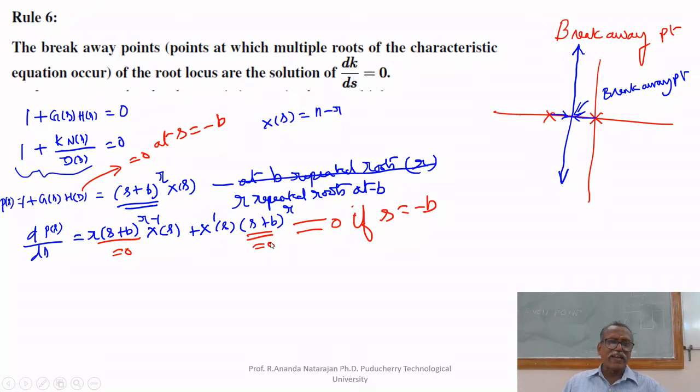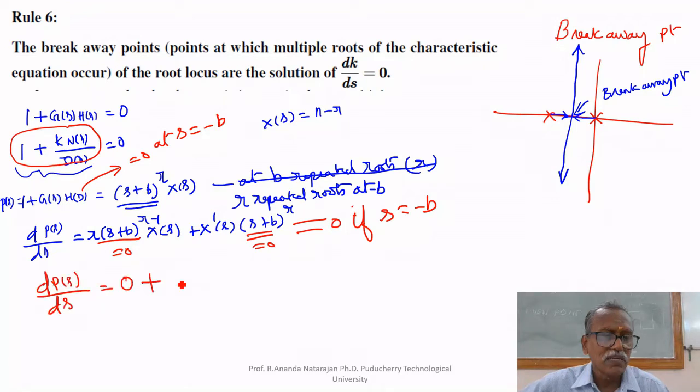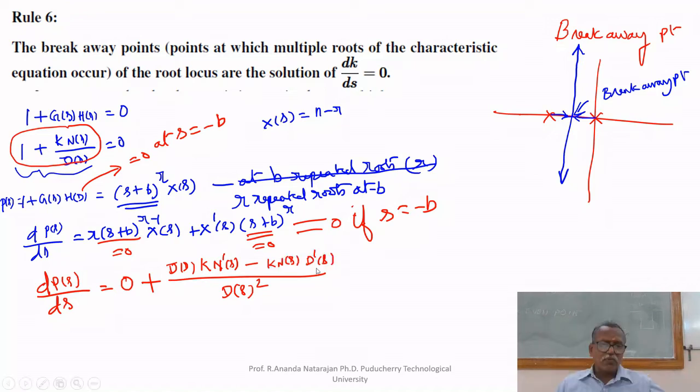Let us differentiate this characteristic polynomial. dP(s)/ds equals, 1 becomes 0, plus 1 over D(s) squared multiplied by K times [D(s) N'(s) minus N(s) D'(s)], at s equal to minus b.